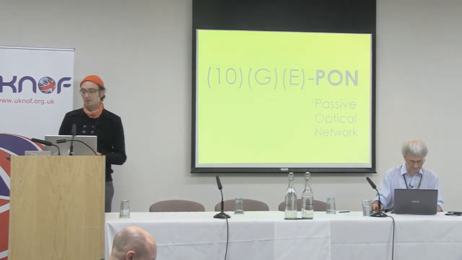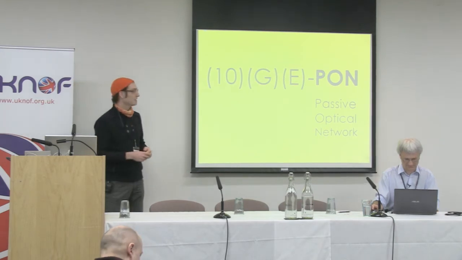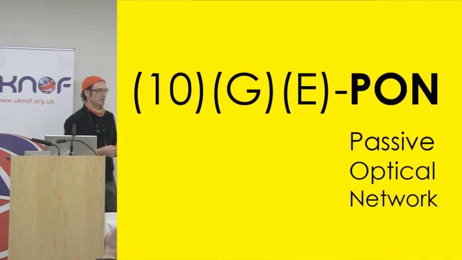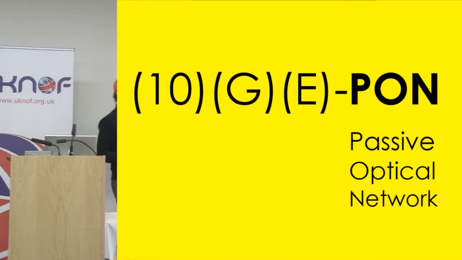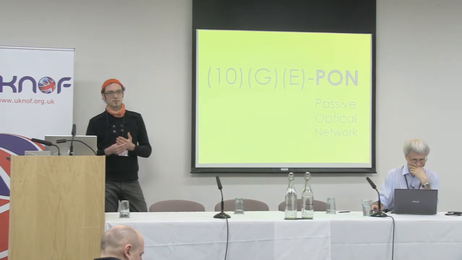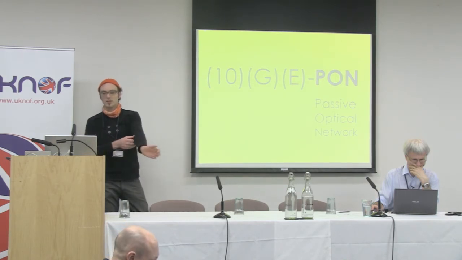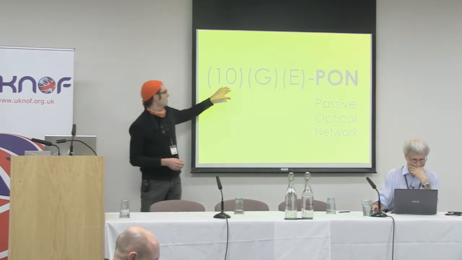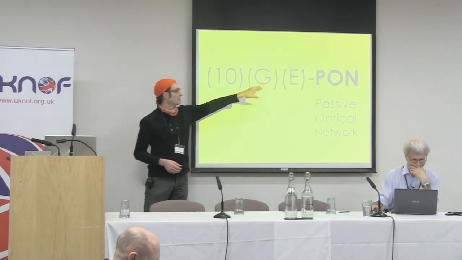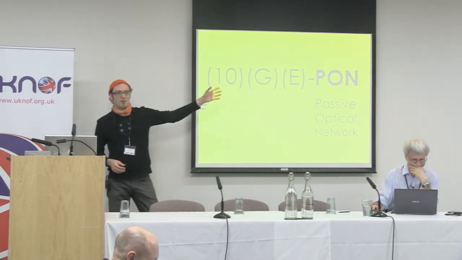As I mentioned already, the first technology is PON, and there is all kind of stuff there like GE PON, 10G PON. So what is the idea behind this? PON stands for passive optical networking. I'll show what the passive means on the next slide, but first, the 10, the G, or the E are already well known.